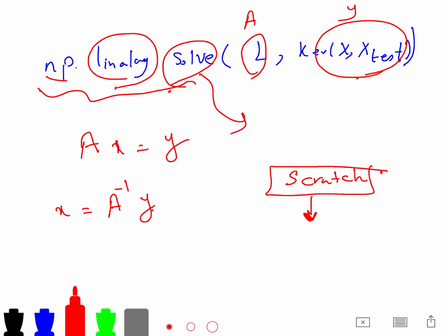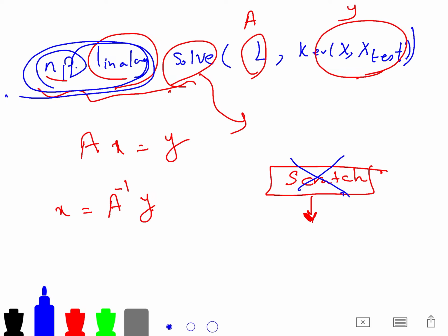And after that, because your company is an enterprise and you want it for massive data sets, it should be robust. So you just ignore your own code and use libraries such as NumPy linear algebra or SciPy.